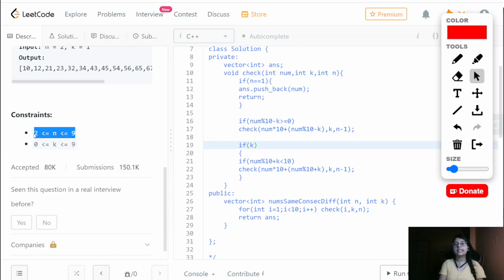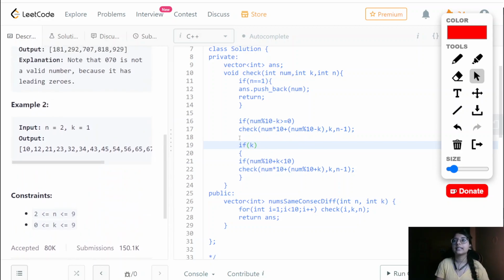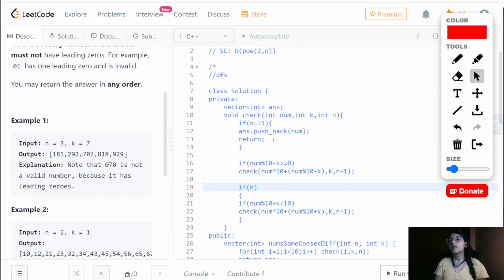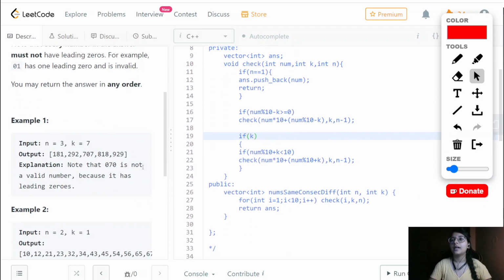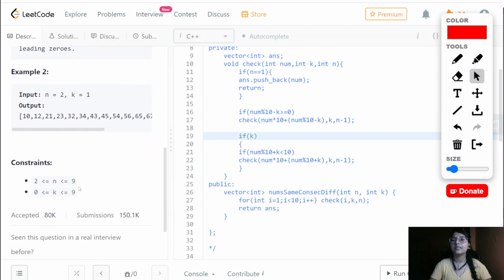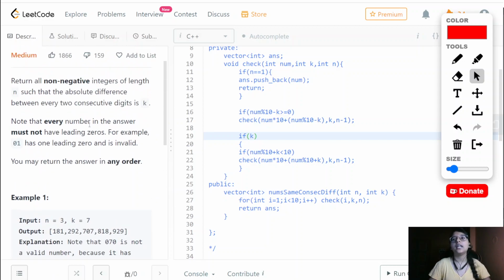Although n is in the range of 2 to 9, we were starting from 1, we can also start from 2, but it works here, so it is something like this. Now comes the part that refers to this n, that would be starting from 2, and the digits which are there, we can take them.